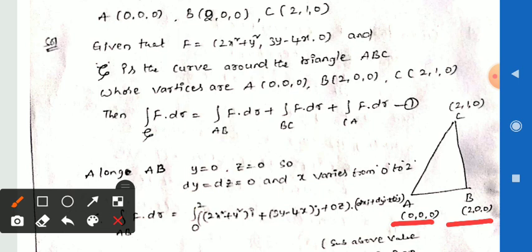Therefore I am taking y is equal to 0 and z is equal to 0.